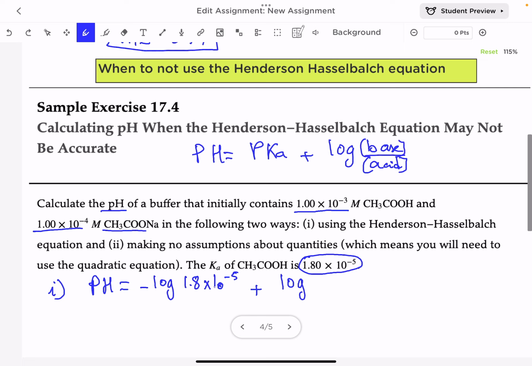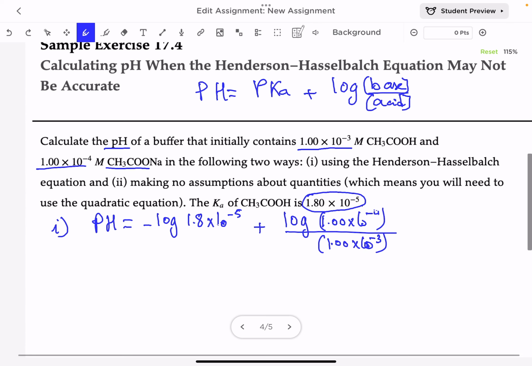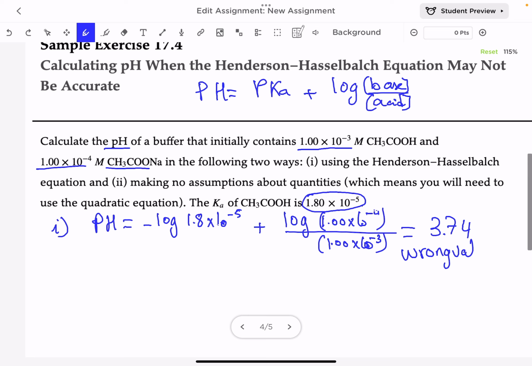So log of the base, which is 1.0 times 10 to the power negative 4 over 1.0 times 10 to the power negative 3. That's the concentration of the acid. So doing our calculations, we get a pH of 3.74, and that is a wrong value.